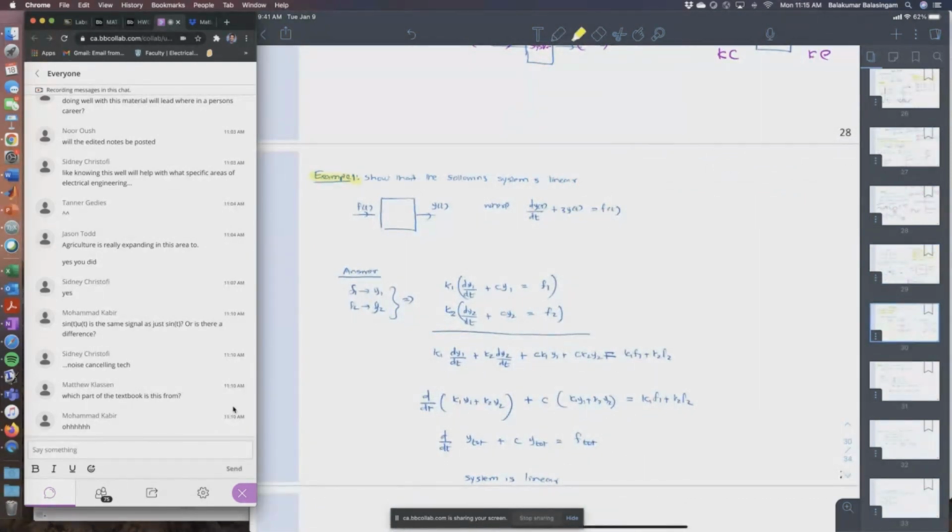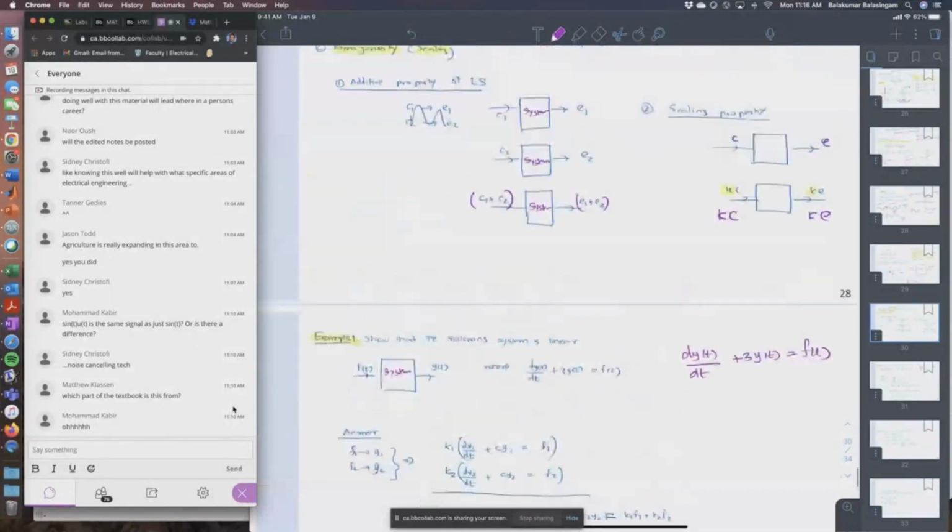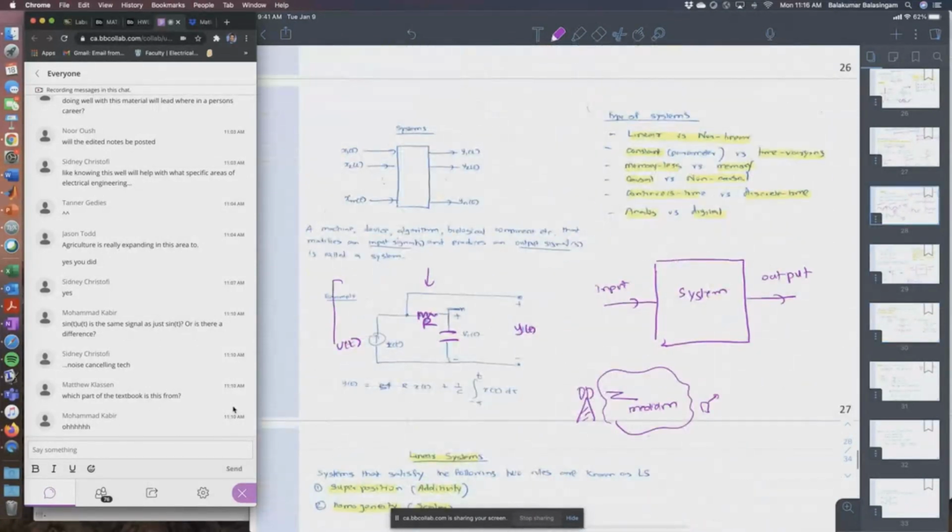So here's an example. Show that the shown system is linear. f(t) is the input, y(t) is the output, where dy(t)/dt plus 3y(t) equals f(t). Even the system I introduced here can be defined by a differential equation. Why a differential equation?